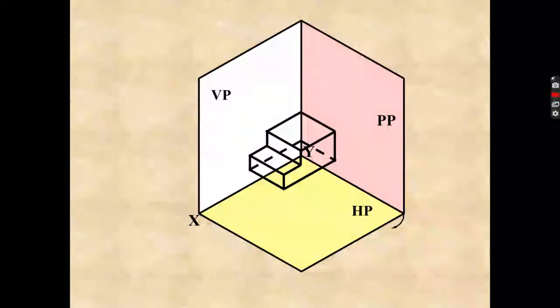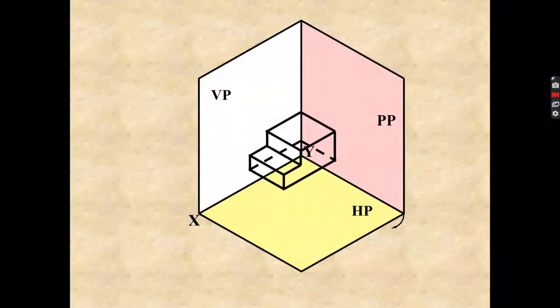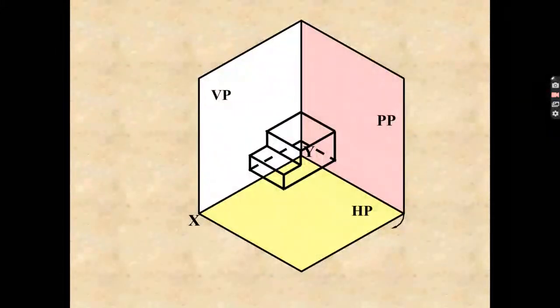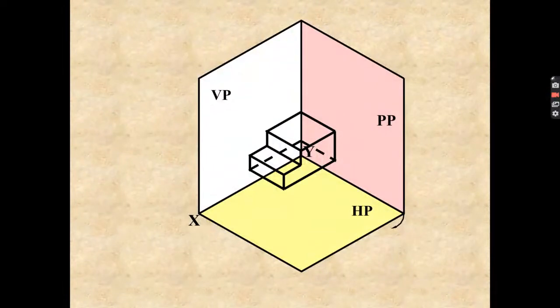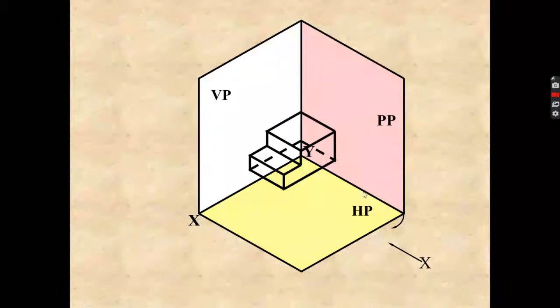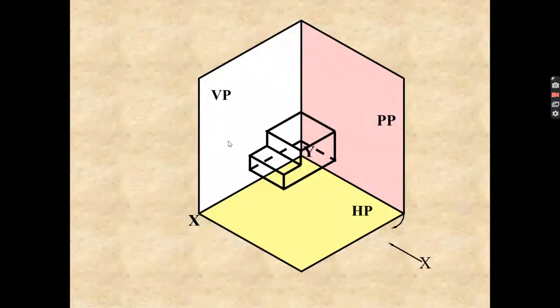And suppose this is your object, currently in isometric projection. We will see what isometric projection is. So, if you want to draw the projection of this object, suppose I am putting the light from here, then you will get the projection on the vertical plane.